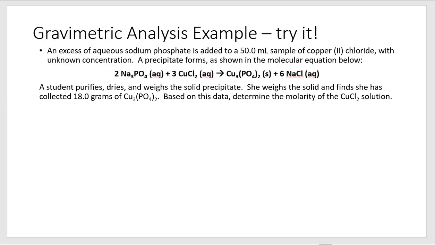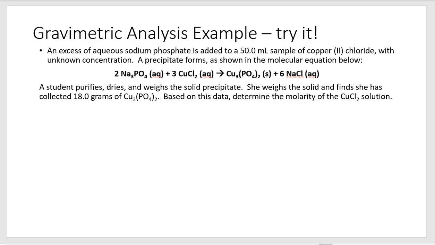So let's work through an example of this. We mix together a 50 mL solution of copper chloride with unknown concentration with an excess of sodium phosphate. We're going to assume our sodium phosphate solution is really concentrated. There's tons of it, and we're going to have excess sodium phosphate left over at the end.